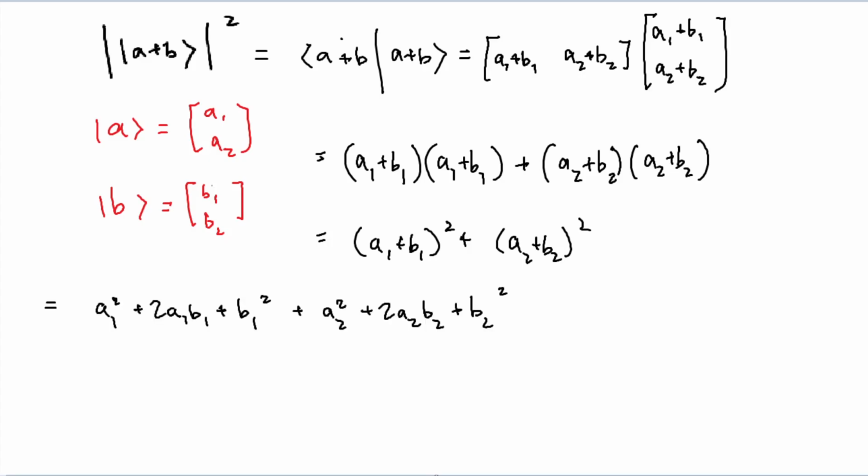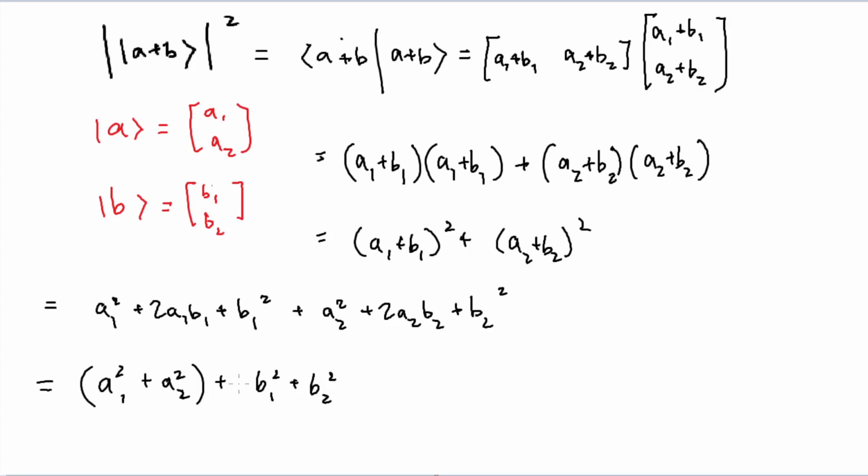And then going on to group together our like terms. By like, I'm merely referring to, for instance, A and A, and then B's and B's, and so on and so forth. More specifically, this is equal to A1 squared plus A2 squared plus B1 squared plus B2 squared.